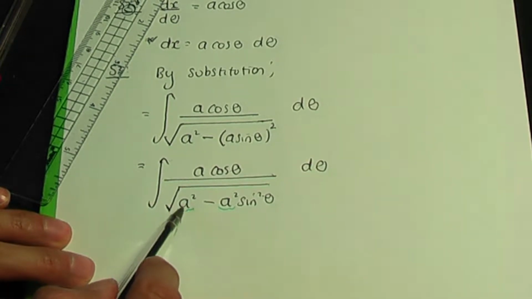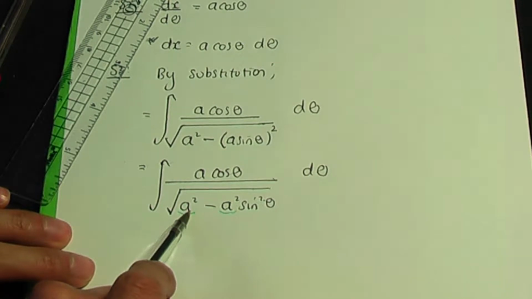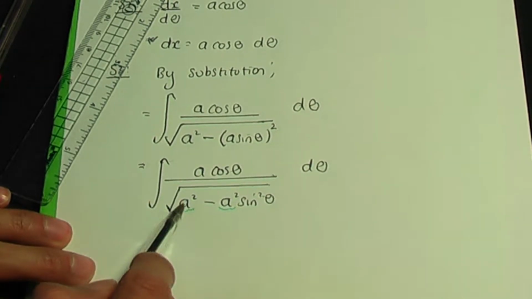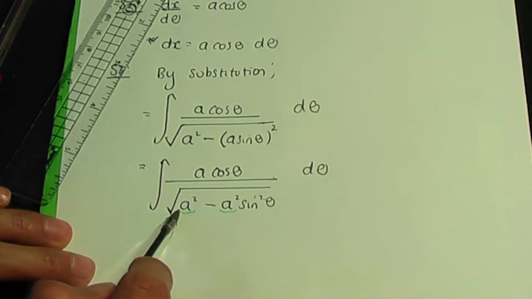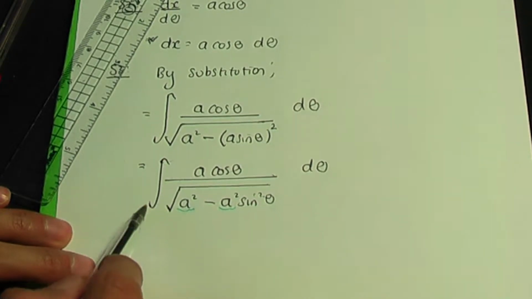I'm going to take a common factor of a squared out of the square root. The root of a squared is a.